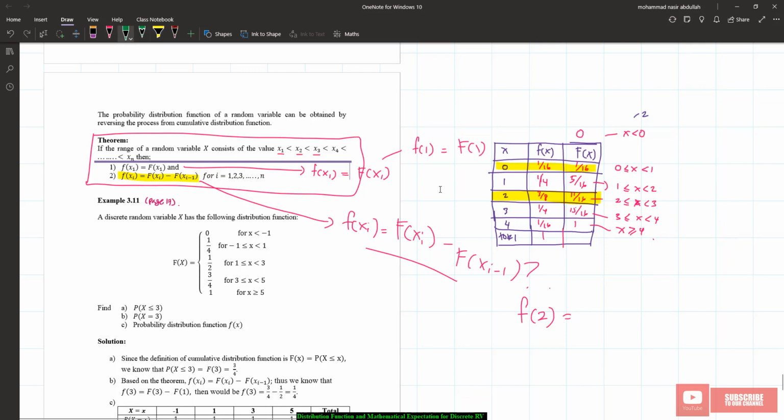So we take the cumulative distribution function for number 2, which is 11 over 16, minus the row before, which is 5 over 16. It should be equal to 3 over 8. This is the concept. I hope you understand the formula.